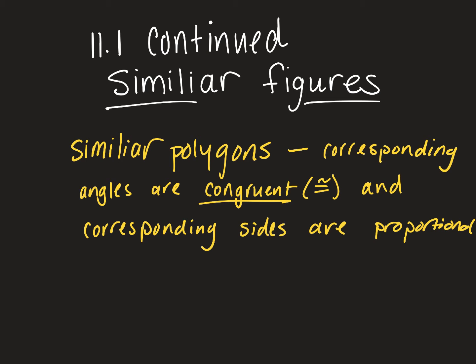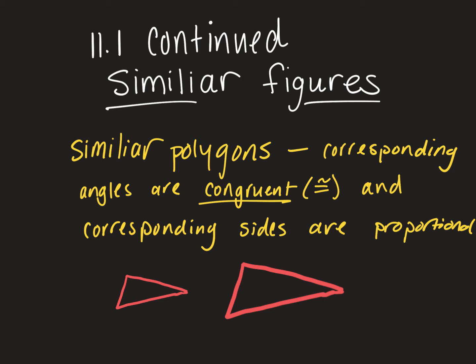So for example, let's take two triangles. So let's say I have a little triangle over here, and I have a triangle that has congruent angles, but is bigger over here. So again, these are proportional.